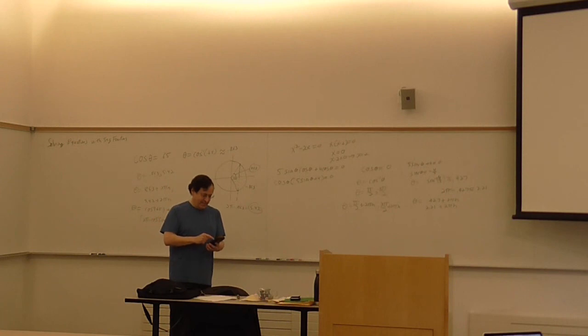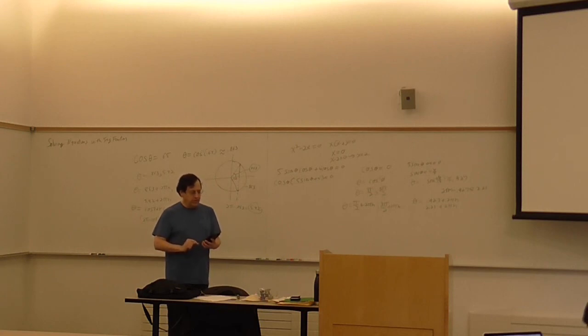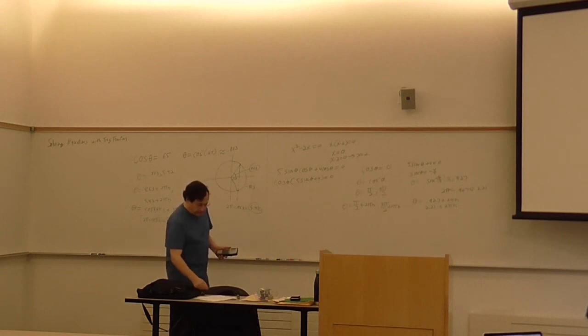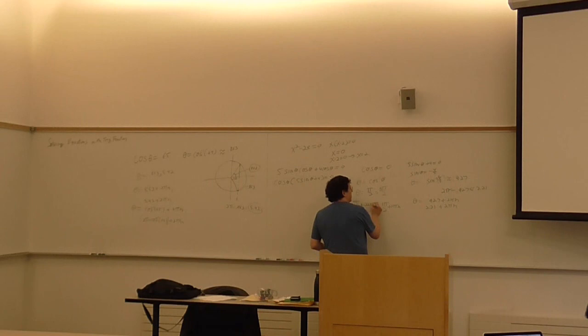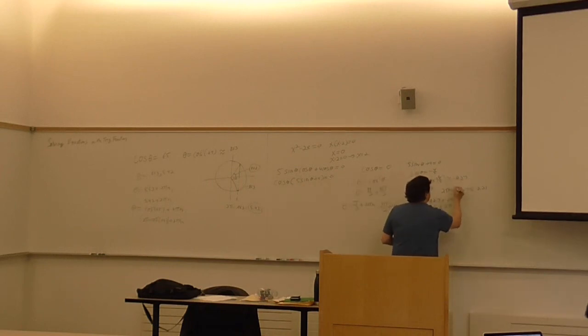What does that mean? Means I'm in the wrong mode. Try it again here. It's negative 0.927. Okay, negative 0.927.